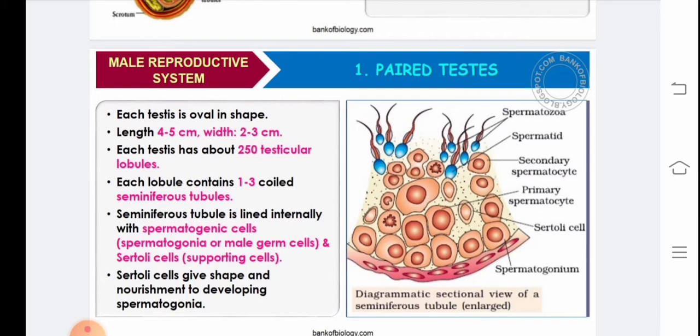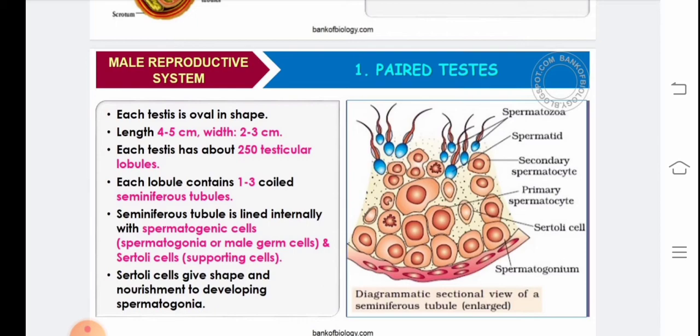So this spermatogonium undergoes meiosis to form sperms. So meiosis, it is reductional division where the chromosome number reduces to half. Here you can see spermatogonium later undergoes primary spermatocyte, secondary spermatocyte, spermatids, and at last it produces spermatozoa. So spermatozoa is nothing but sperms.